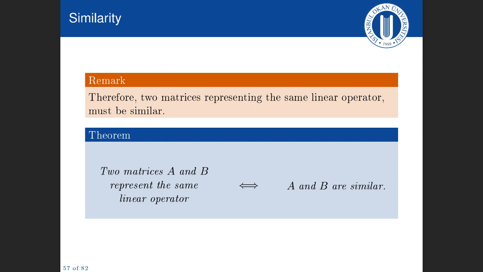Two matrices, A and B, represent the same linear operator if and only if A and B are similar. This is an idea we're going to come back to again in future lectures.